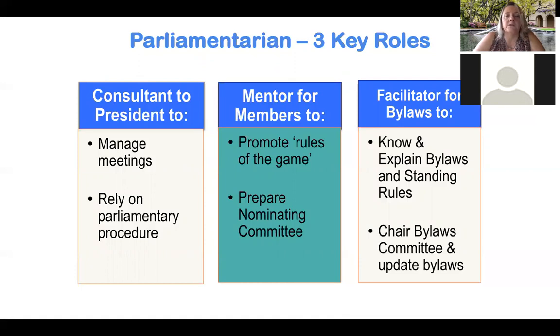It's very important to understand parliamentary procedure. Robert's Rules of Order is the process that we follow, and that is available online or as a book. And that just explains how to make motions. And we'll talk a little bit more about parliamentary law in a minute.